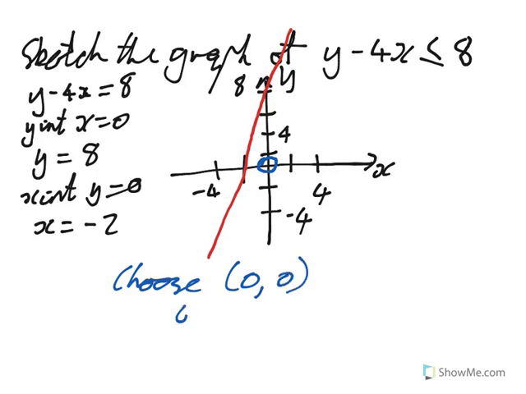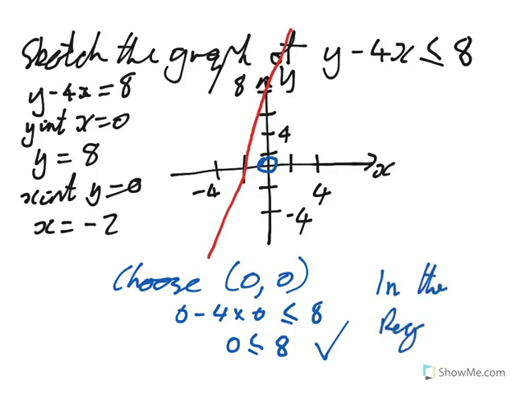If we put it in, we get 0 minus 4 times 0 less than or equal to 8. So you get 0 less than or equal to 8. Well, yes it is. It's in fact the less than part, not the equals part. So the point we've chosen satisfies that inequality, which means it is in the region.